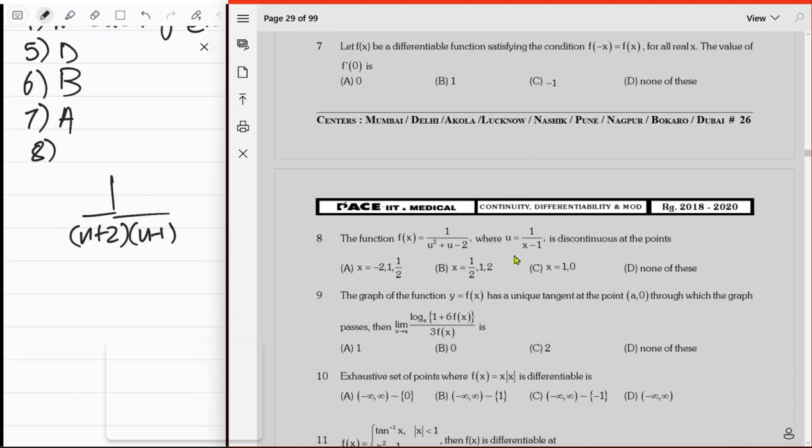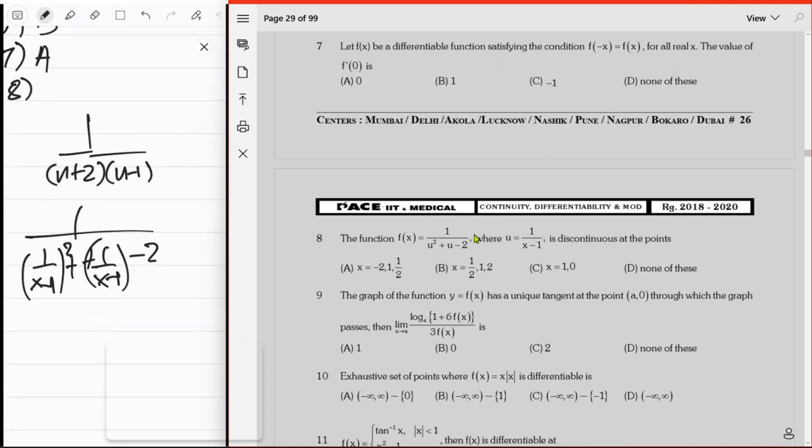I think at x equal to 1, it should be discontinuous because in reality, what we're actually doing is like 1 upon x minus 1 squared plus 1 upon x minus 1 minus 2. So when you put x equal to 1 in there, the first thing you encounter is 1 upon 0, which is not defined.